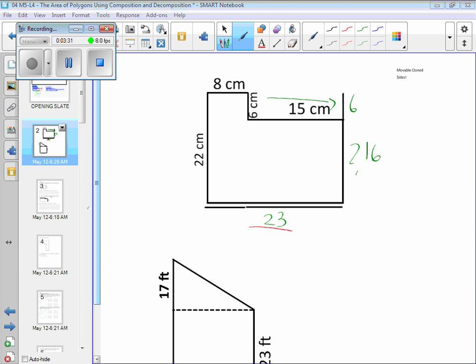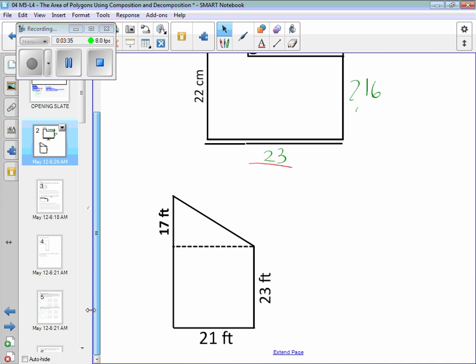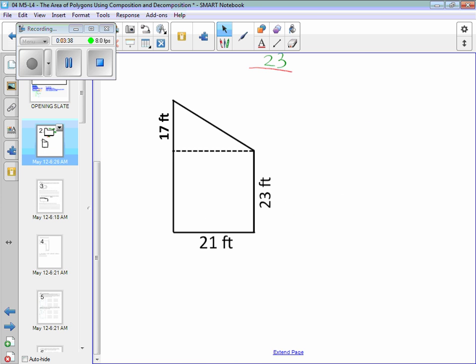Let's try the shape down below. I want to know the length of the entire piece from here to here. Marcus. 37. I mean 38 feet. Okay, why do you say 38?